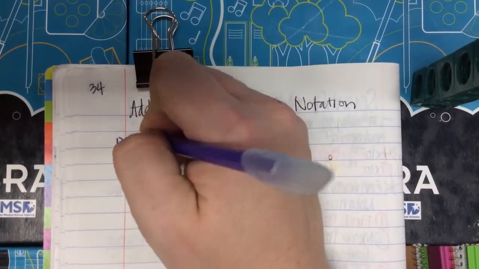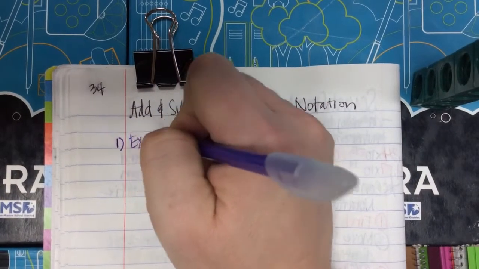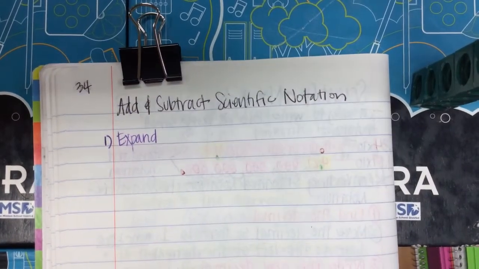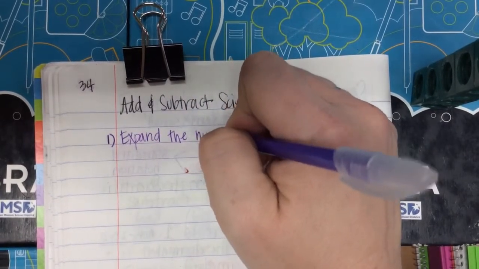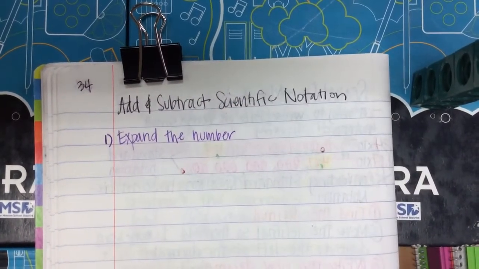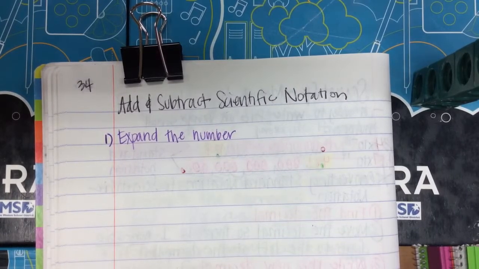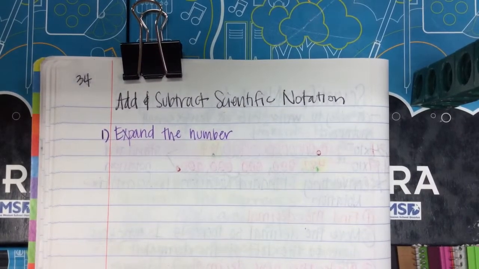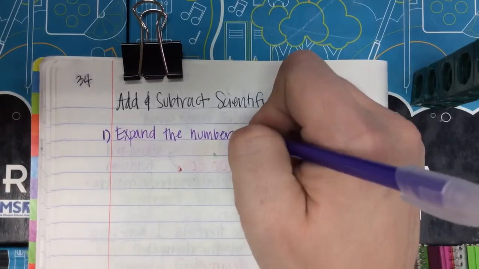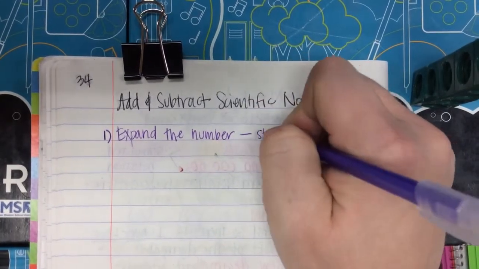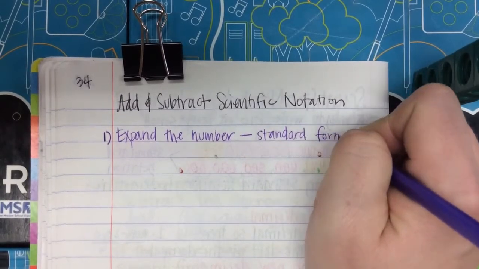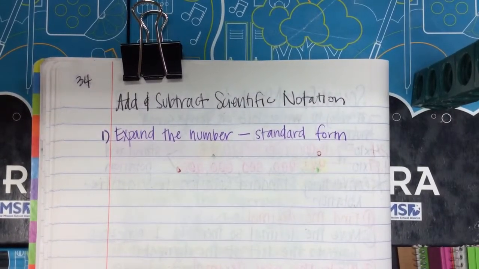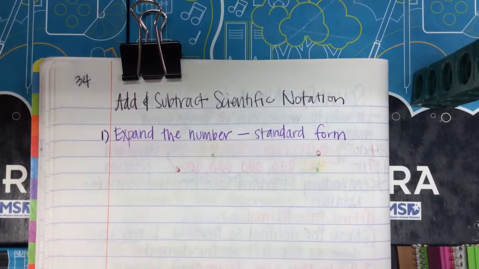We're going to first expand the number, meaning make it bigger, right? We're going to put it in standard form. Instead of it being in scientific notation, we're going to take it and change it to standard form, standard notation.